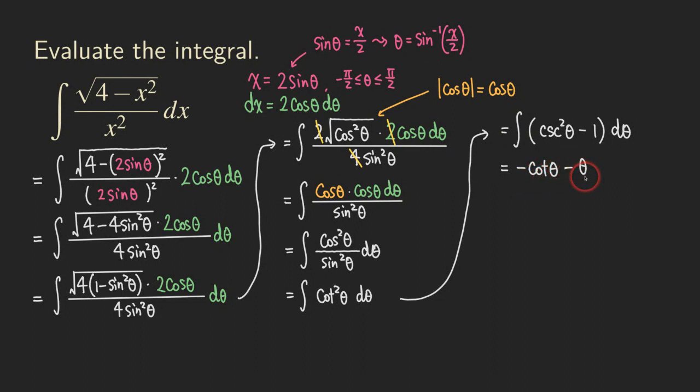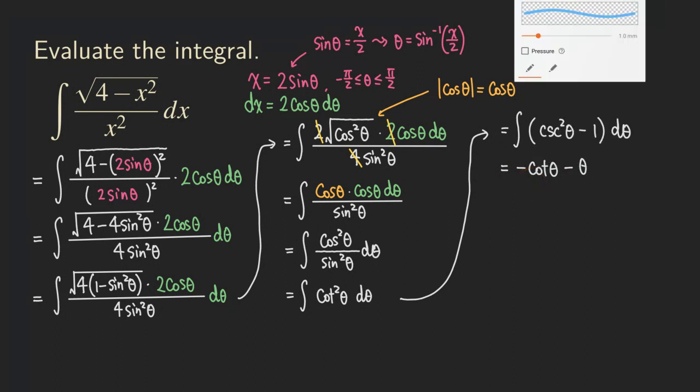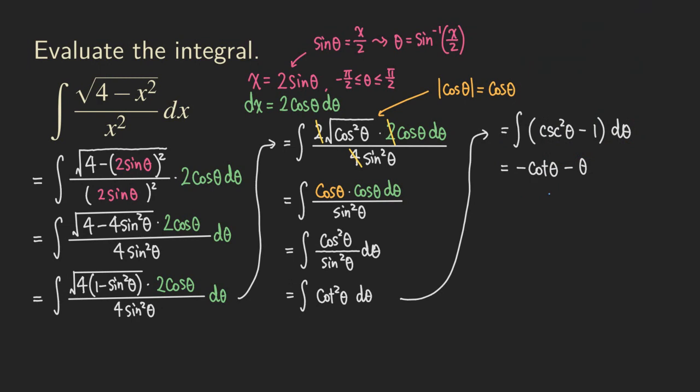This theta right here would be easy because we already found it. It's going to be theta equals sine inverse of x over 2. So that one, we don't need to worry about it. So all we need to do right now is to draw a triangle based on this sine theta equals x over 2. Okay, so let's do that. So first we can just draw a generic right triangle here.